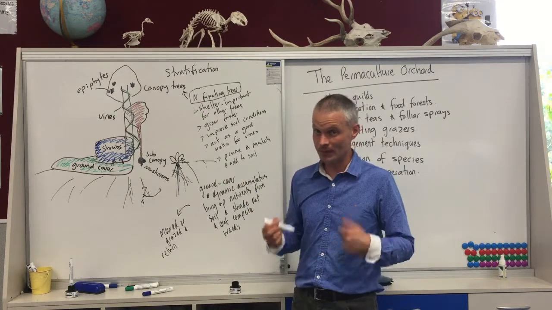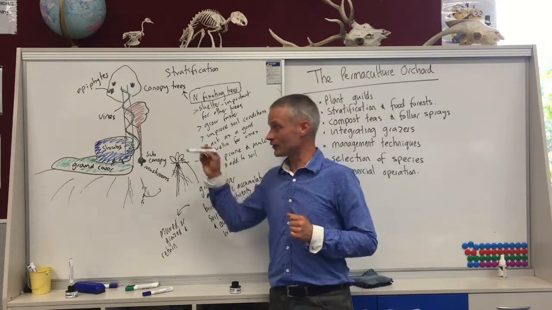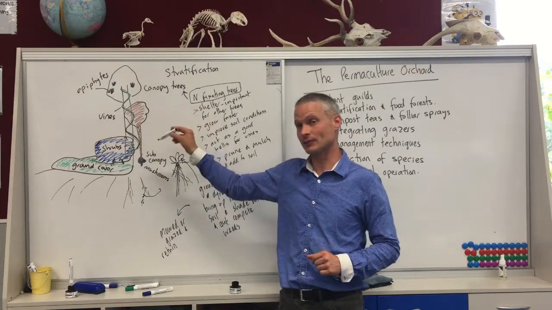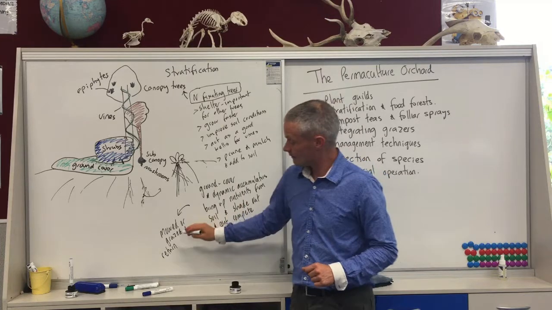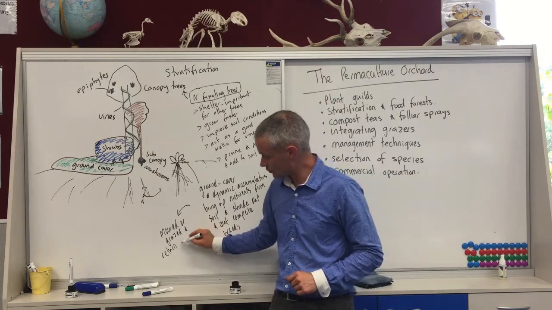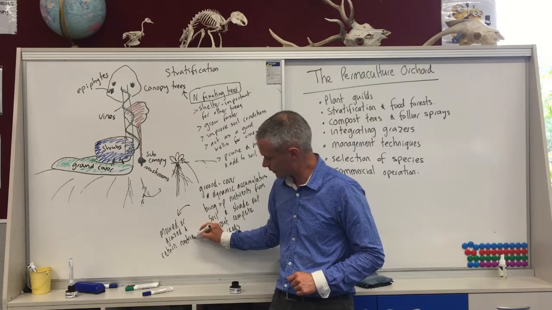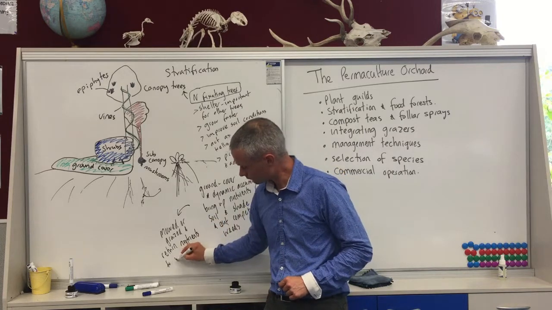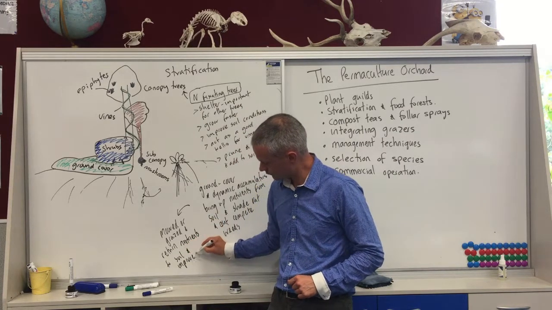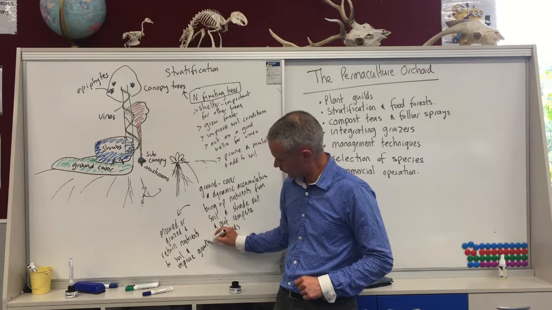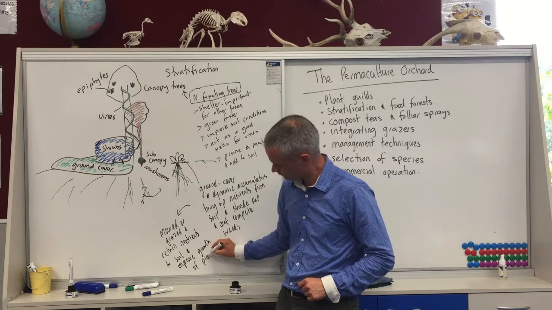So if you make the soil better, you improve the rates of growth of the productive plants and you decrease the rate of growth of the weeds. So you can mow or graze and return nutrients to soil and improve growth of productive plants.